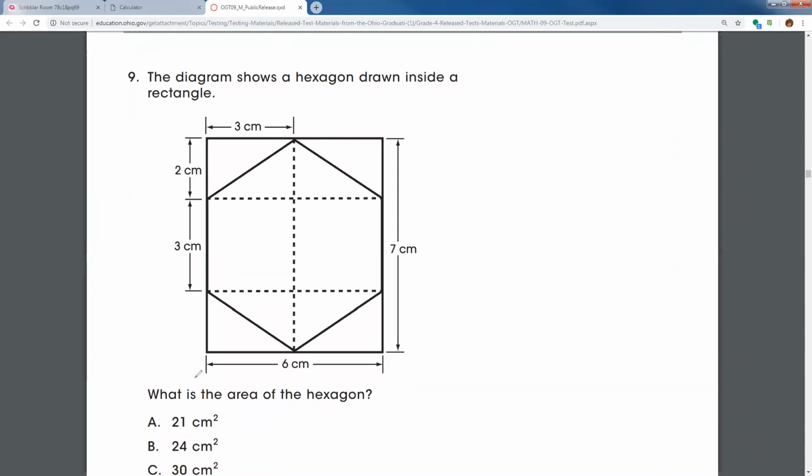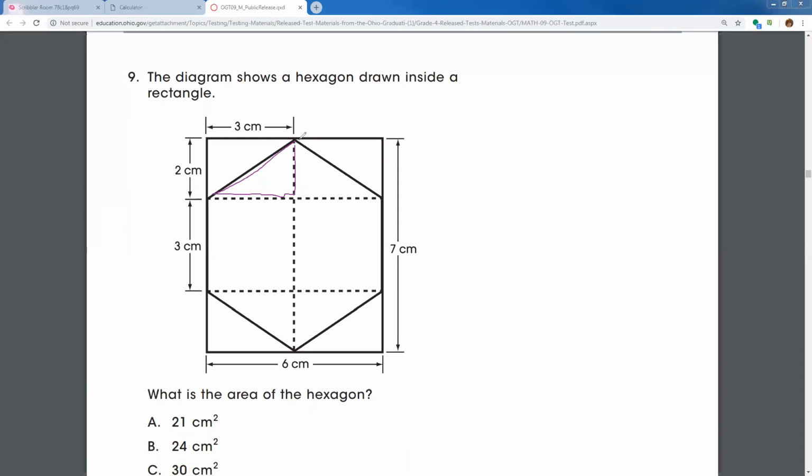With this, the formula for the area of a hexagon is really, really tough. So you split it into shapes you do know the formulas for. You can do the shapes they already have these lines for. You can do a small triangle here, or you could do this entire triangle.